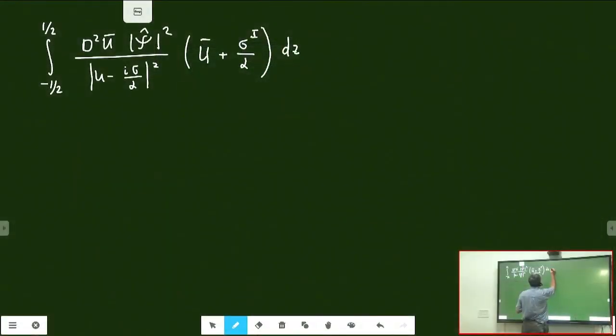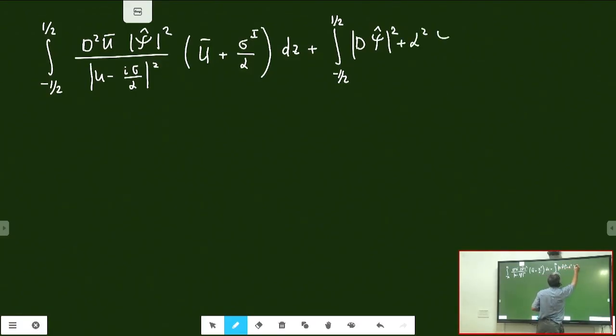And of course, we have plus the integral which was always there, minus 1/2 of psi hat squared plus alpha squared psi magnitude of that squared, dz. And this is equal to 0.